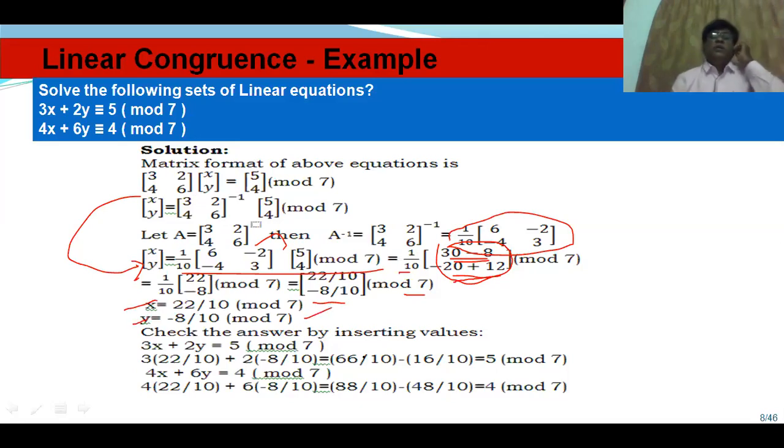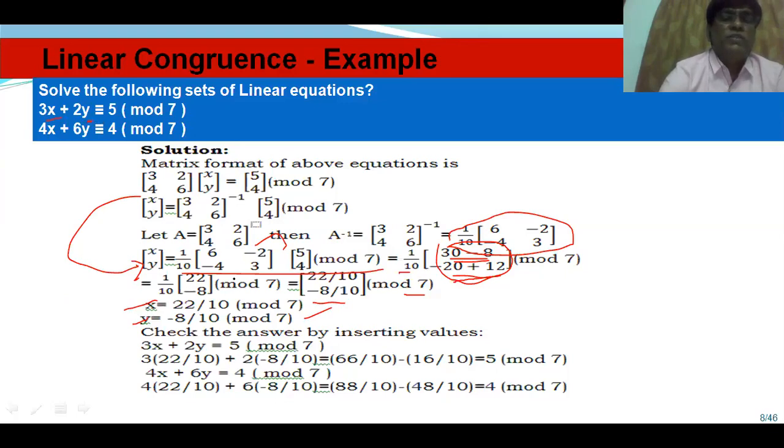Now check whether these x and y values are correct or not by substituting them in the given equation. First, x equal to 22 by 10, and y equal to minus 8 by 10.